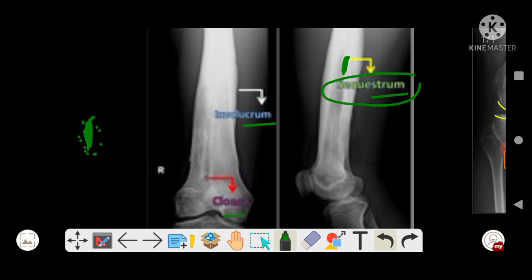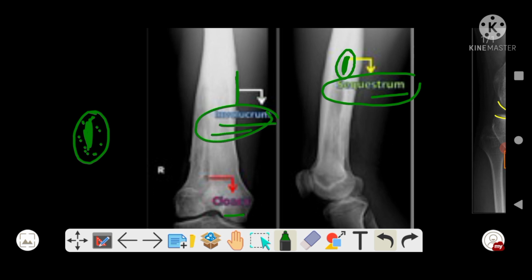The dead piece of bone is your sequestrum, and now obviously there is a defense mechanism of our body that will be active now, and it will surround the dead piece of bone, right? So there will be a reactive bone formation around this dead tissue. That reactive bone formation is your involucrum, right?